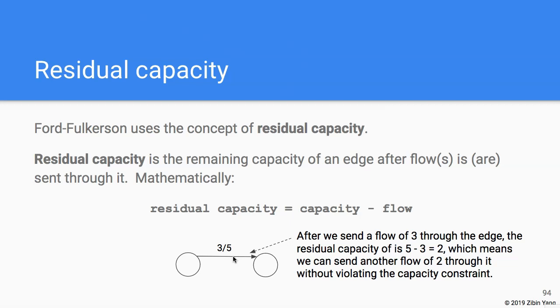I'm sorry, 5 minus 3, which equals 2, which basically means we can send another 2 units of materials through it without violating the capacity constraint, right? So mathematically, it's exactly what you would expect. A residual capacity is just the capacity minus all the existing flows on that edge.